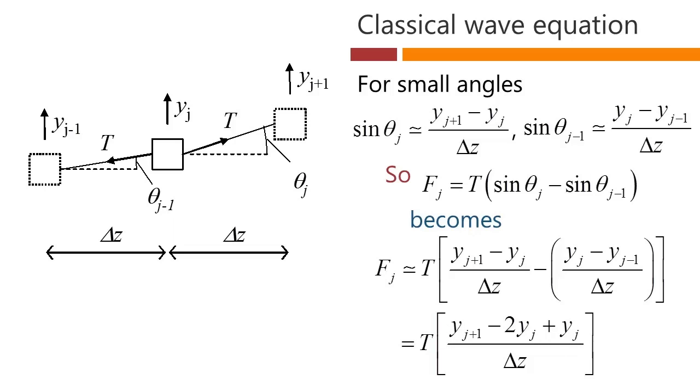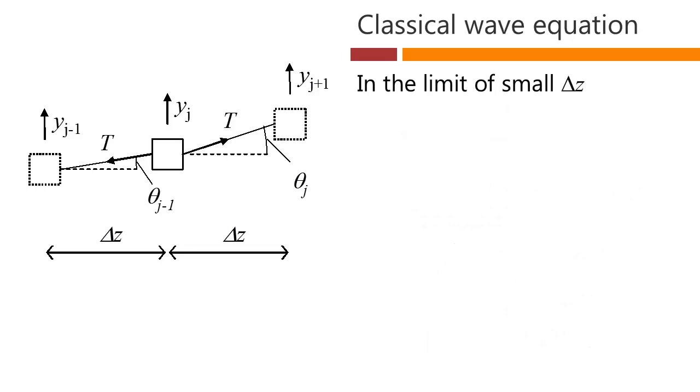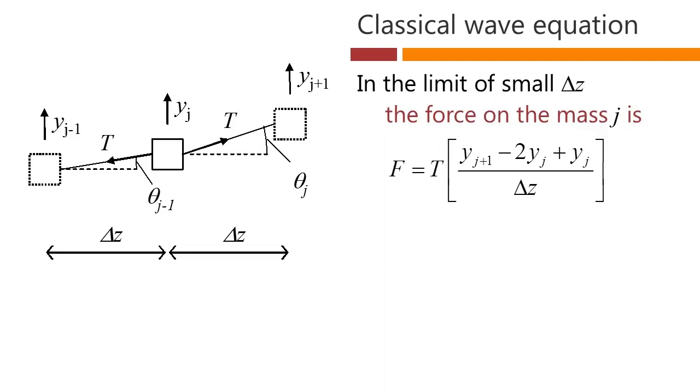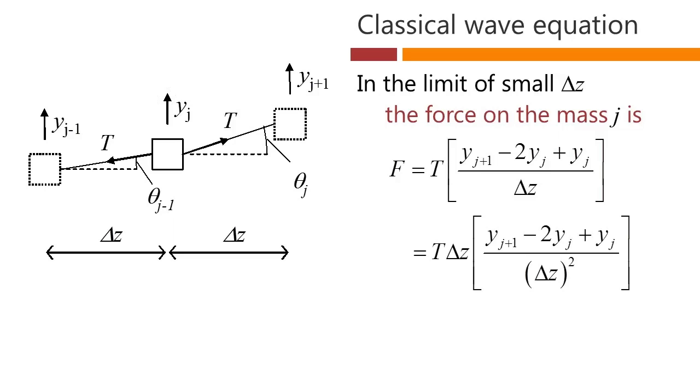Now, you may recognize what we have in here. And indeed, in the limit of small delta z, the force on the mass, all of this stuff here, times the tension, the force pulling it upwards, we can put in a different delta z on the bottom, an additional one to get delta z squared. Put one up on the top to compensate for that.